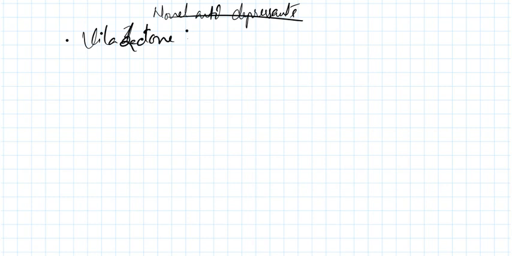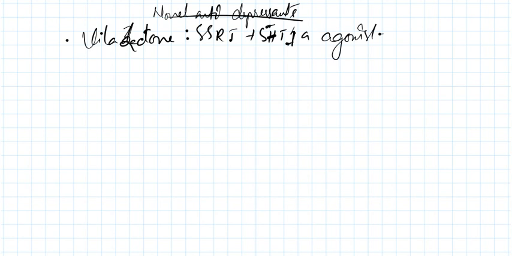It is an SSRI plus a 5-HT1A agonist. Okay. Now, one more is vortioxetine, which is a multimodal serotonin agonist and antagonist, MSA.